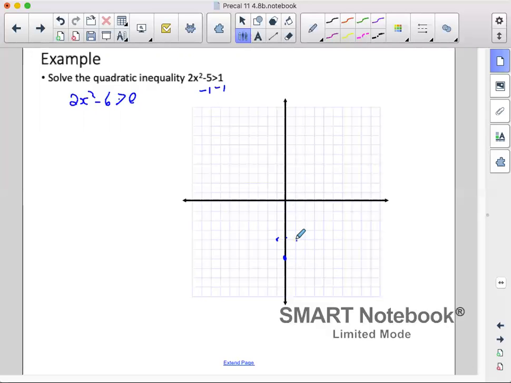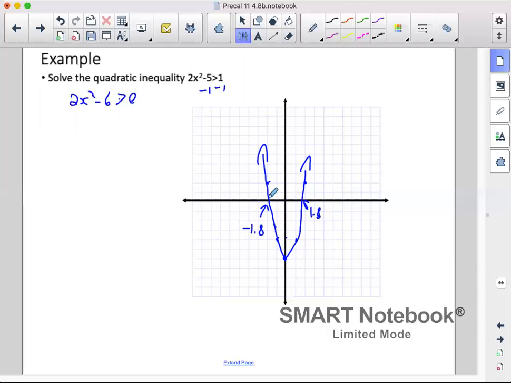And then from graphing parabolas, I know how to graph this. And then we'll just estimate where these cross. So let's say that it is 1.8 and -1.8.